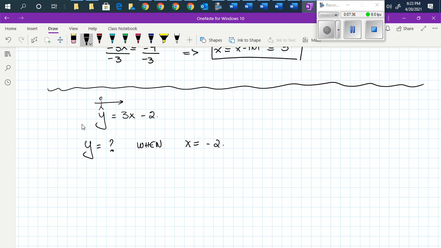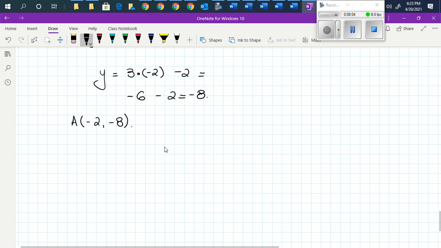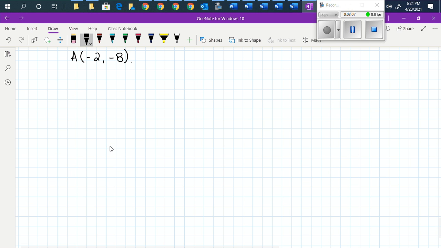So you replace that x with negative 2. So y equals 3 times negative 2 minus 2, or negative 6 minus 2, which is equal to negative 8. So now you have a point with coordinates negative 2 and negative 8 on this particular line. Okay, let's see another one.